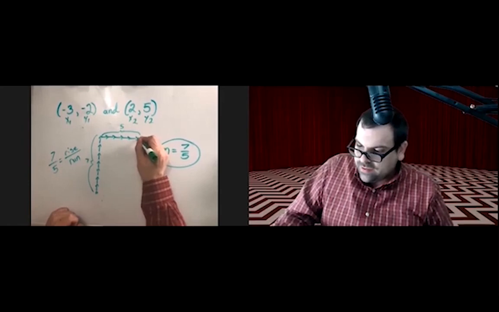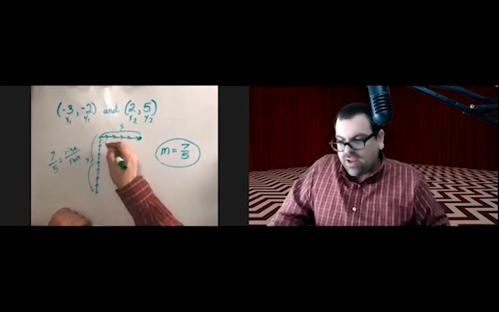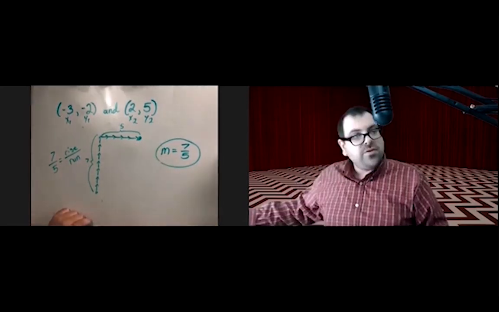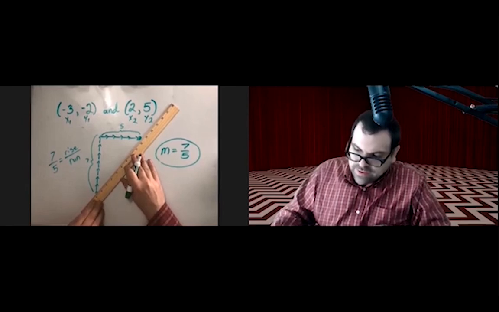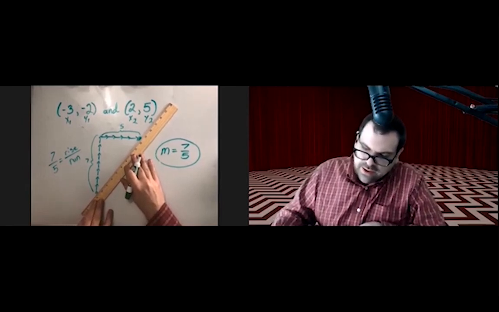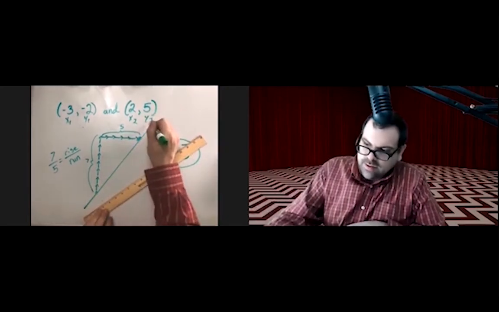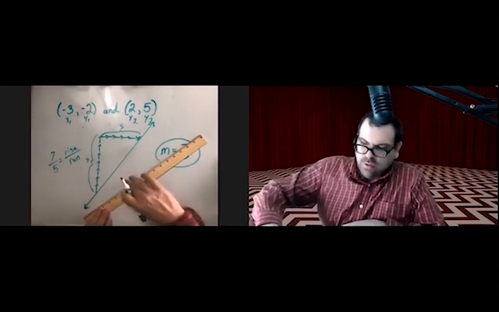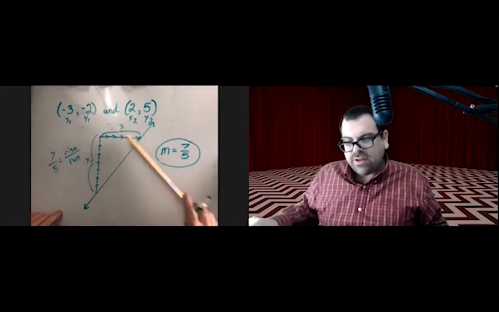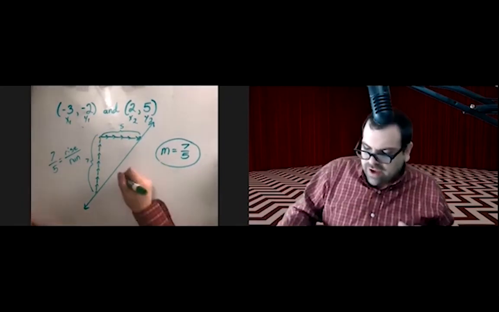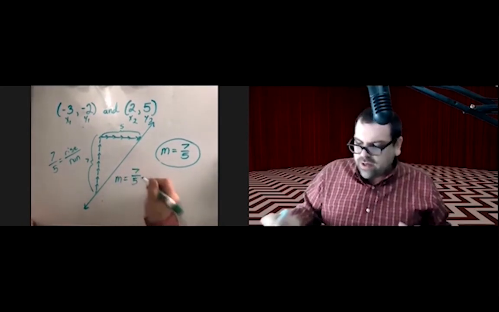There we go. So if we went up 7 and right 5, we would get another point on the line. This is what a slope literally means. Points on the line are separated by a rise of 7 and a run of 5. Rise over run.